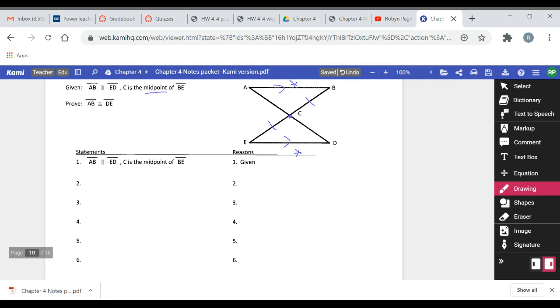I said, okay, if these two lines are parallel, I know that these alternate interior angles must be congruent. So I said angle BAC is congruent to angle CDE. I'm looking at the wrong thing, CDE.